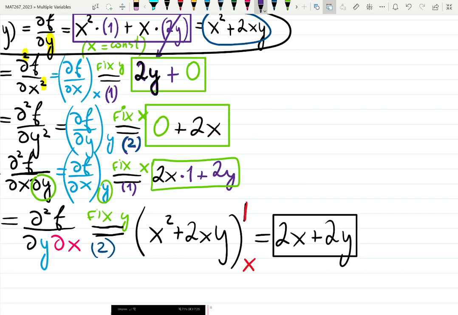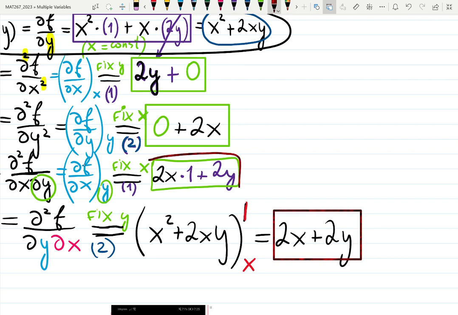Mixed derivatives are often the same. Let me put it in a different color, maybe red. There's a whole theorem that tells us when they're the same. 2x plus 2y, put an equal sign here. The theorem says if a function is good, meaning smooth, differentiable, without holes and jumps, mixed derivatives are usually the same.